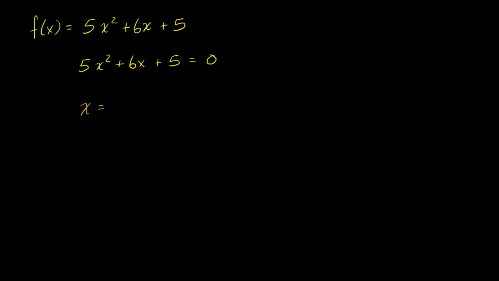The quadratic formula tells us that x, where x is a solution to this equation, is going to be equal to negative b. I'll try to color code it. Negative b. This is b right over here.